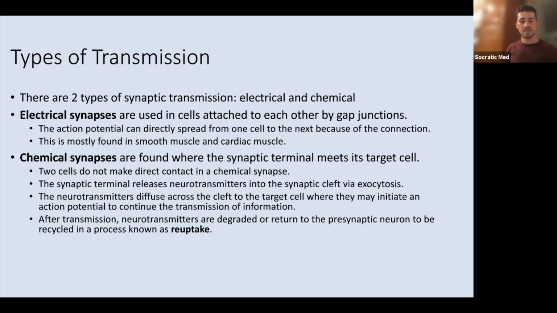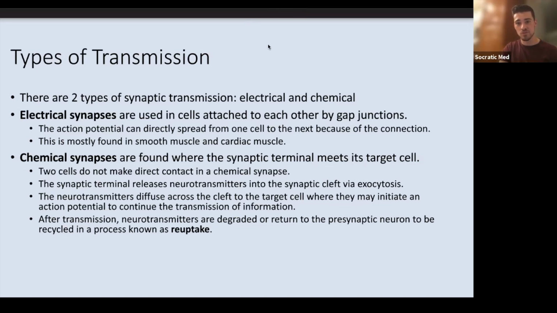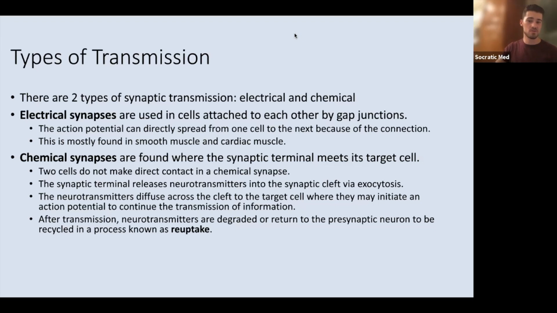So it's kind of similar to the electrical impulses of a neuron, but when it gets to the end of the cell, it doesn't release neurotransmitters or any sort of chemical. The electrical signal just goes right through those gap junctions. Gap junctions are just small openings that are connecting adjacent cells. So because the cytoplasm is continuous, the ions can flow freely through the electrical synapses, and it makes for very highly coordinated movements and contractions.